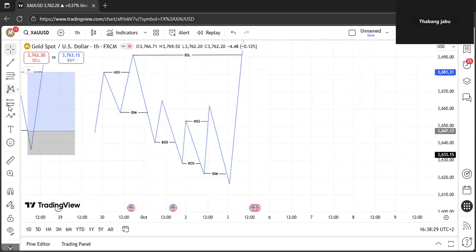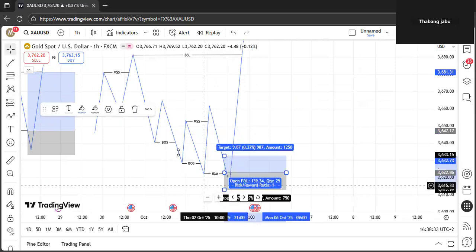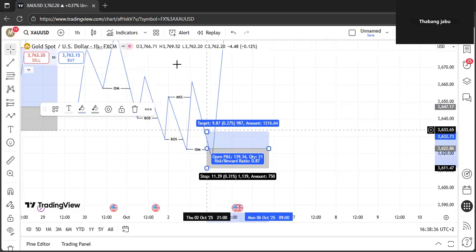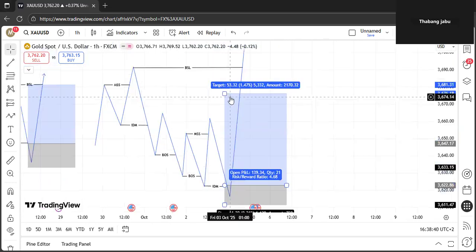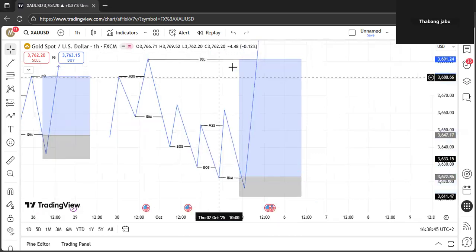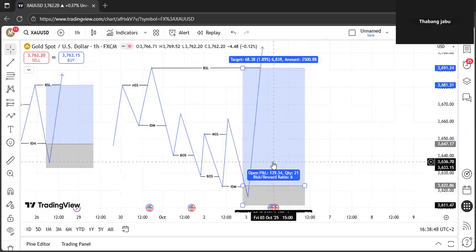Because let's say our entry is right here, and then we take it to the buy side liquidity. Just count the pips.